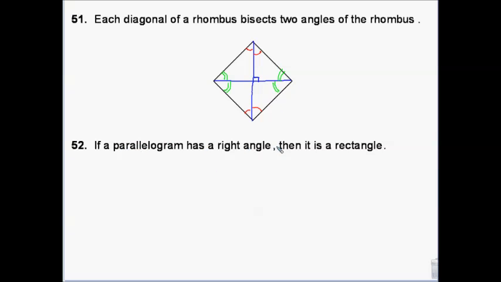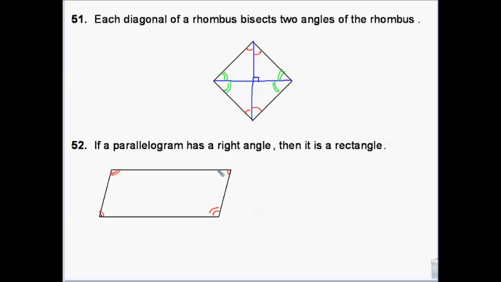If a parallelogram has a right angle, it has to be a rectangle. Okay, so remember what we have in a parallelogram is that this angle is congruent to this angle here and here, and then this angle is congruent to this angle. Well, and this one plus this one is 180.